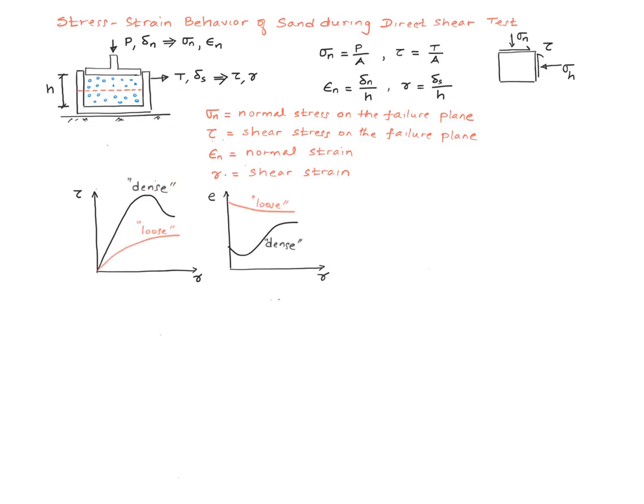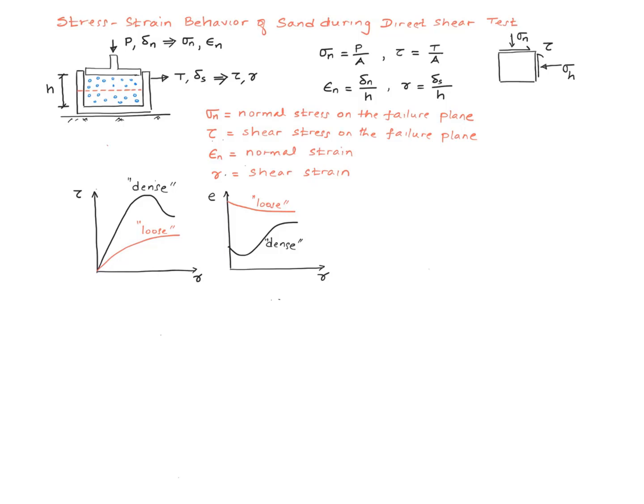On the other hand, if the specimen had been initially loose, then the relationships would be similar to what is shown here in red. In the shear stress shear strain space, the specimen will show simply a typical hardening behavior, and then the void ratio will continue to decrease.